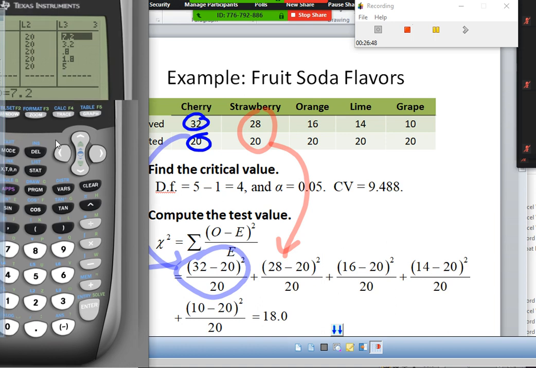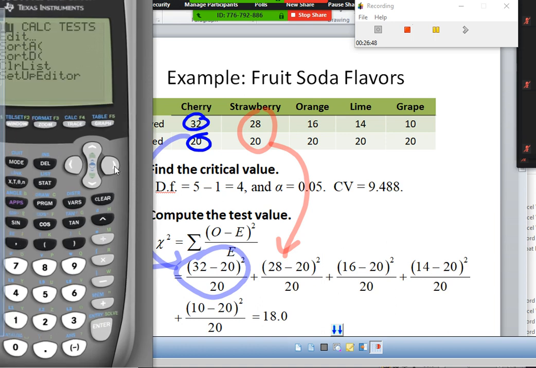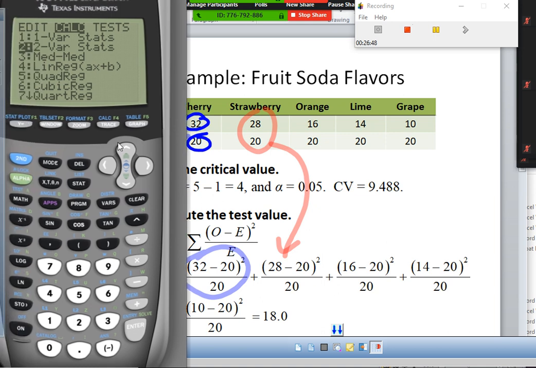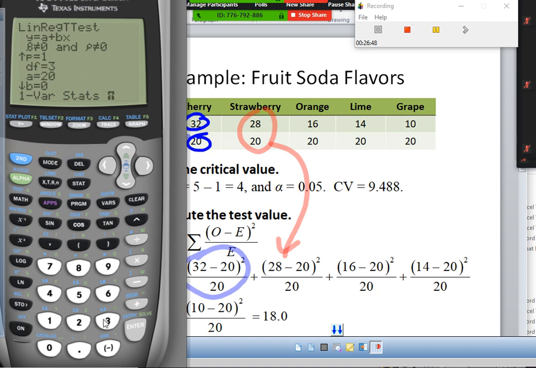You can do stat, calc, 1-Var Stats of second L3. The only reason I don't like doing the calculator for this one is because it's too easy to put list 1 here and get the wrong answer. I think it's just as easy to do this by hand because it's only going to be like 4. But that does give you the sum of your x's, 18. So you'll see down here.